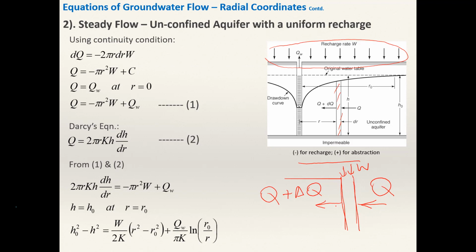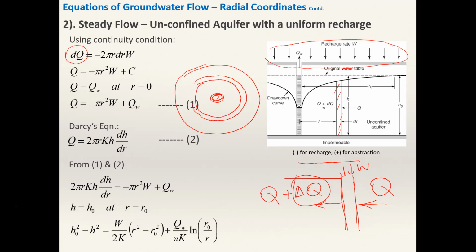So we can write this small dq. If you see from the top, let's say we have this kind of control volume, our pumping well is at the middle. So now you consider the general case like this, right? This is the cross section that you consider here. What I have drawn here is how you see it from the top, in plan view.